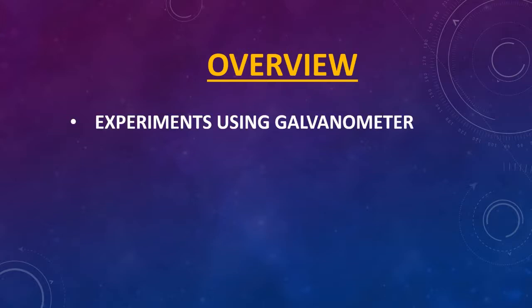Before moving on with the chapter, let's understand what all things we are going to study in today's module. The first thing is experiments using galvanometer. In the last module, we studied about the galvanometer and its functions. So today we are going to be seeing the experiments using a galvanometer.